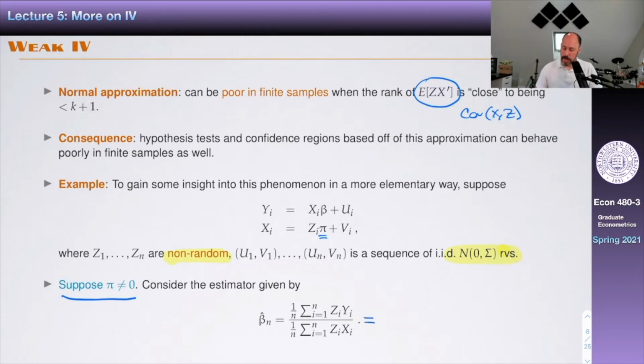Notice that you can rewrite this as beta plus the sum from 1 to n of c_i u_i, with this denominator.